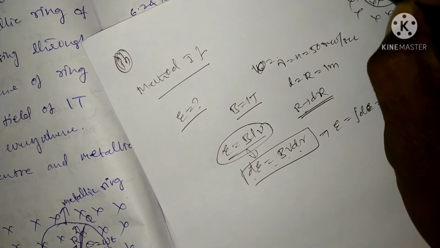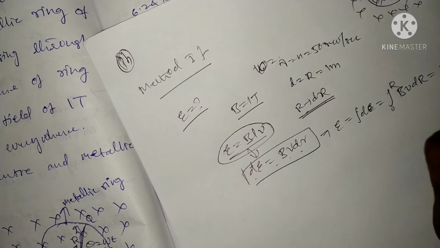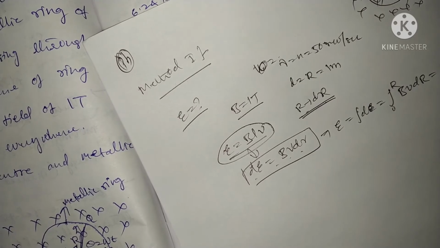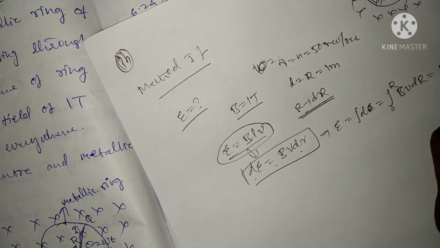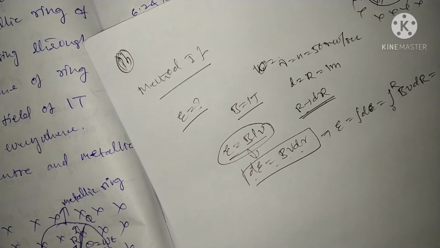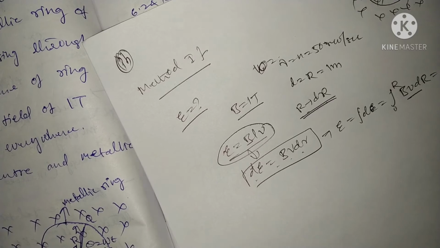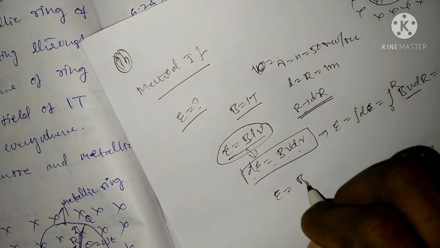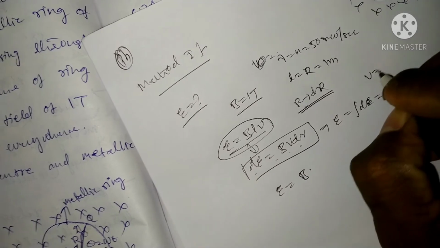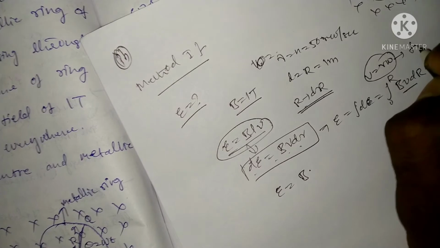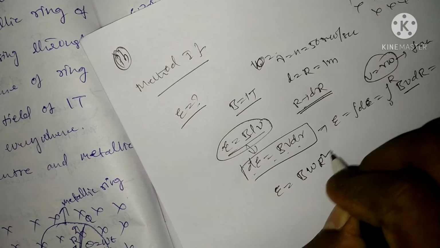Integrating, B is constant, V dr gives R square by 2. From this equation, the induced EMF with V equal to R omega, and in the presence of frequency, can be written as B omega R square by 2.